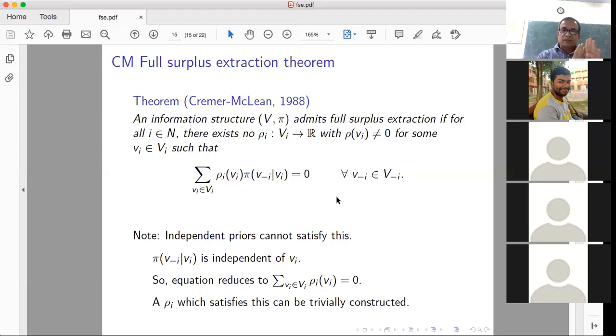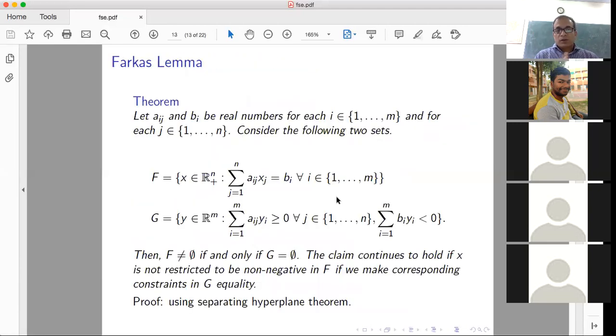So that's the bottom line of the paper, and the proof is quite simple, but it uses an important result from linear algebra or linear programming. I don't know if you are aware of this result. This is called Farkas lemma.